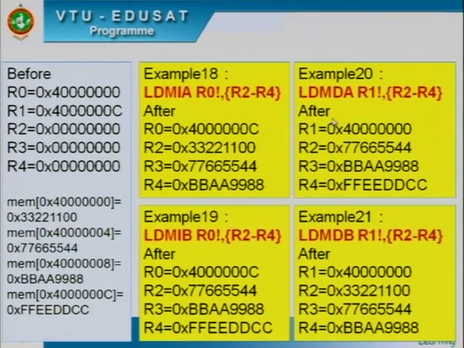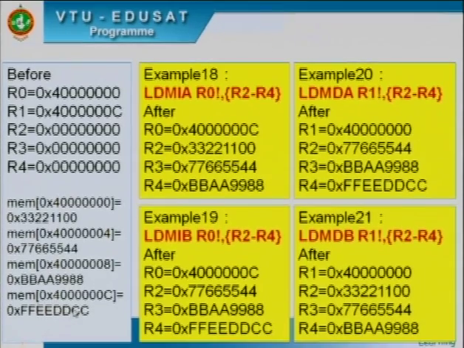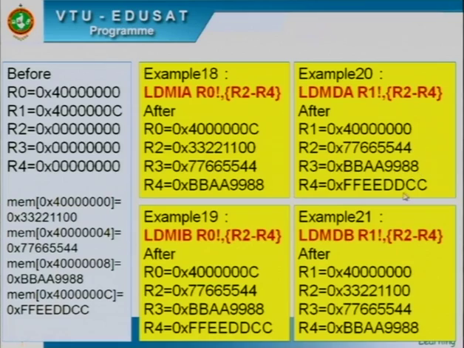So the value of R1 is at the top of the memory location. The value of R1, that is 0x4000000C, has content FFEEDDCC, which gets copied to R4.